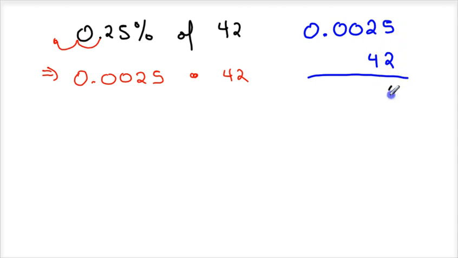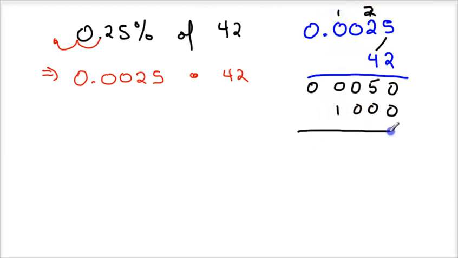So 2 times 5 is 10, 2 times 2 is 4, plus 1 is 5, 0, 0, 0 if you like. 4 times 5 is 20, carry my 2, 4 times 2 is 8, plus 2 is 10, carry my 1, then we get 0, 5, 0, 1.